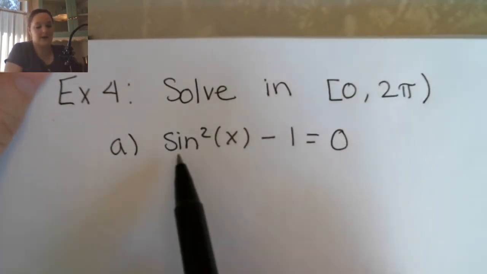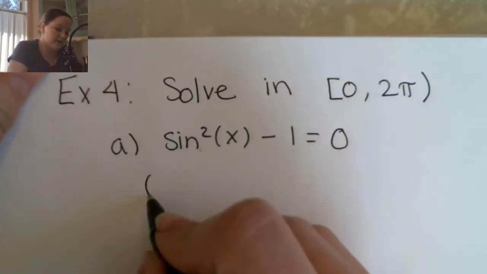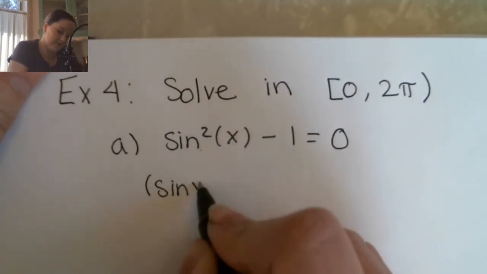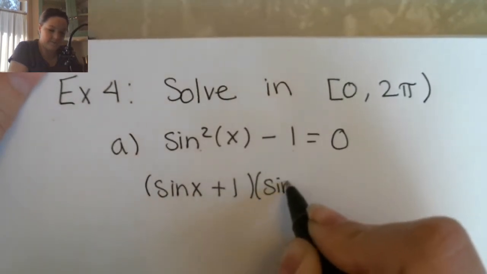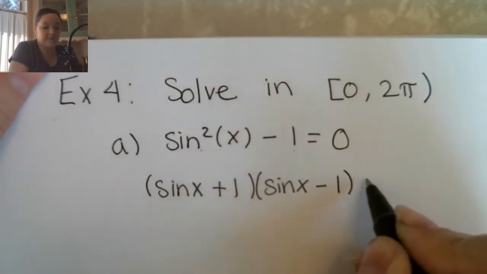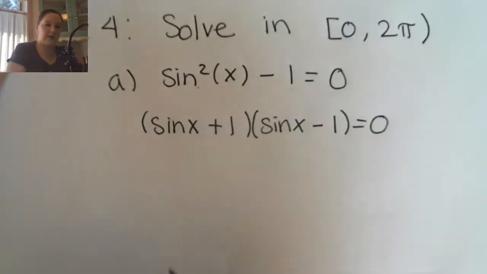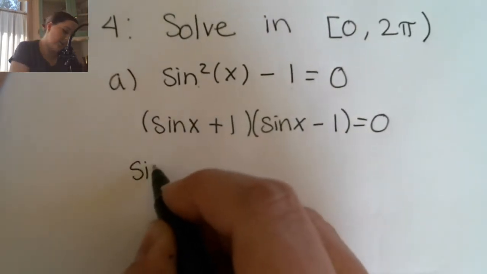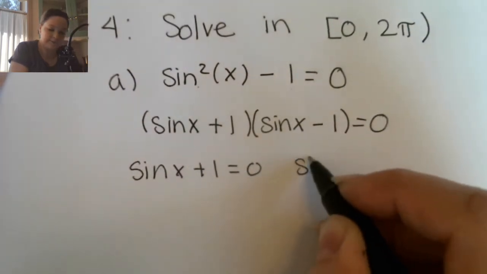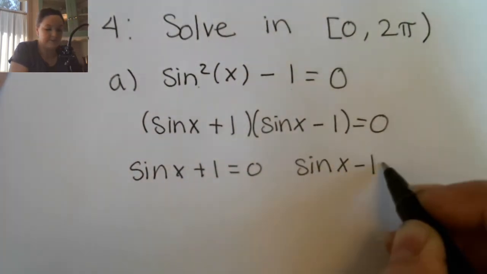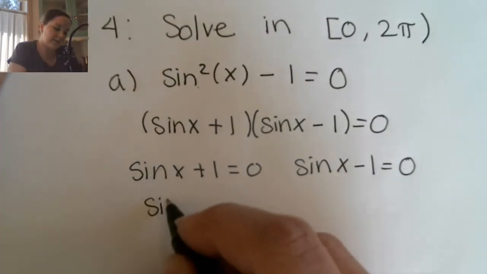When I look at this, I can see that this is the difference of squares. So I'm going to factor this. And then like you do with solving by factoring, I'm going to set each factor equal to 0, and then isolate the sine x.